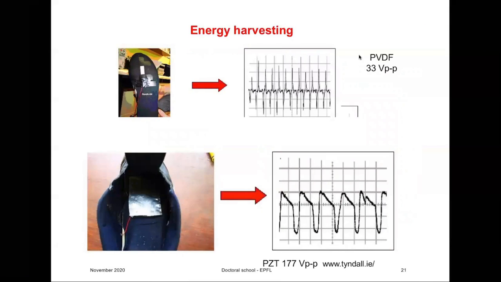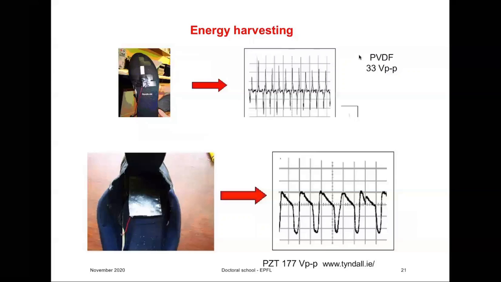Closely related to piezoelectric sensor functioning is energy harvesting. If you apply mechanical force, and we are surrounded by mechanical forces everywhere around us, you will get charge. You can take that charge and store it in a battery.